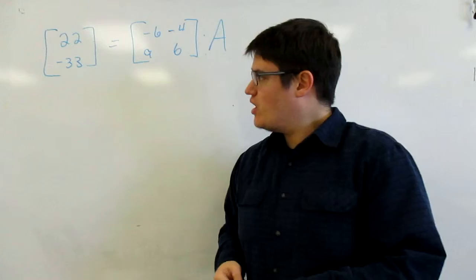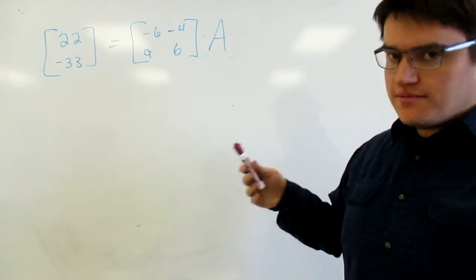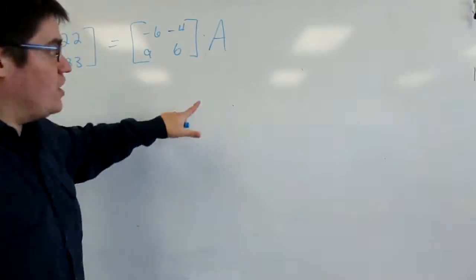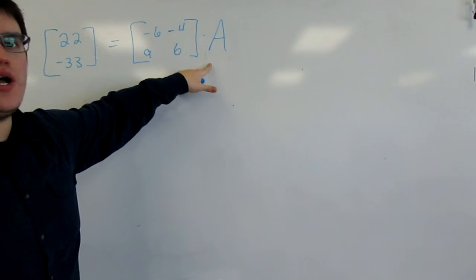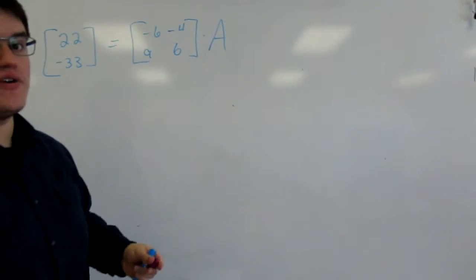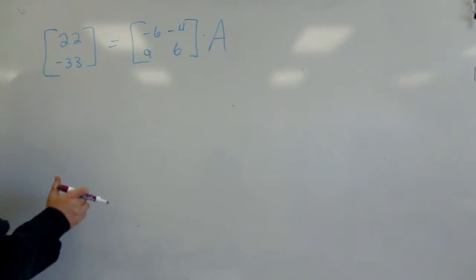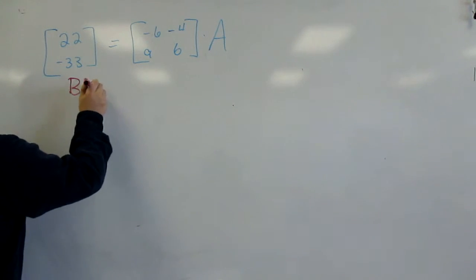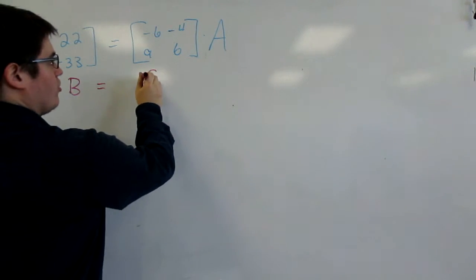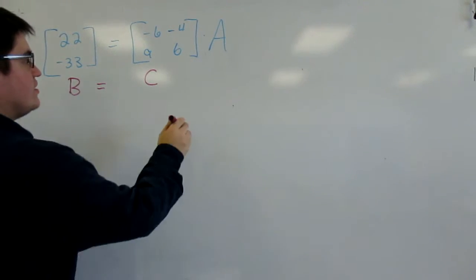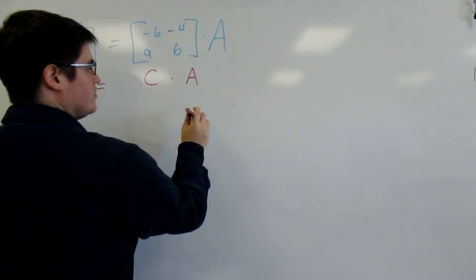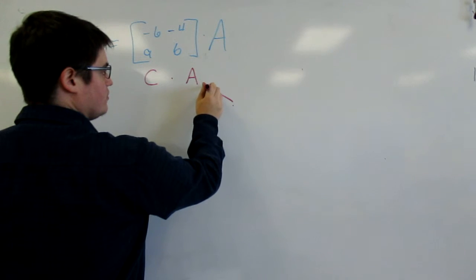Welcome back. Okay, so for this one again, let's just go through the steps we did before. Notice though that our unknown matrix is A. So I need to pick different matrices to call. No big deal. So we'll call this guy B is equal to, I'll call this matrix C times A. And we'll make a little note.